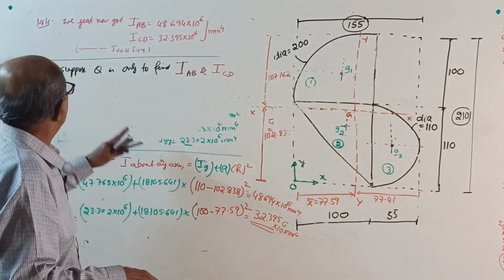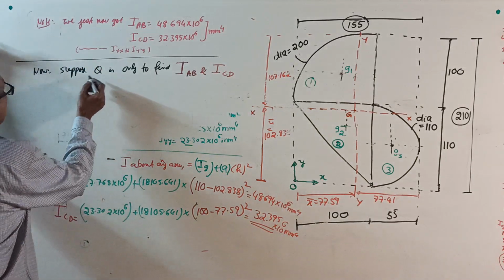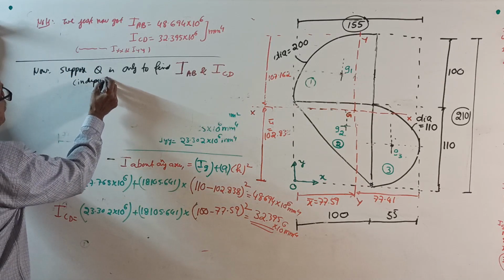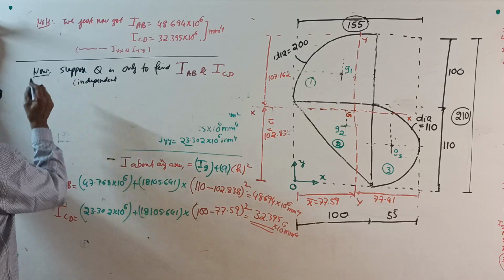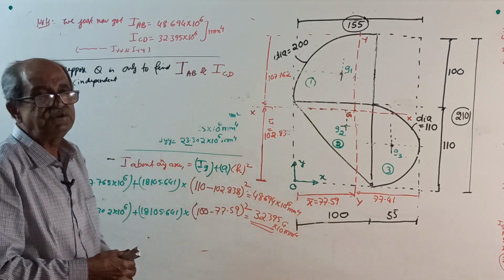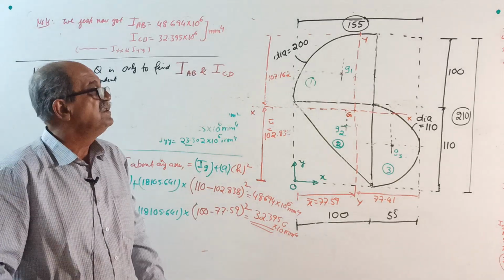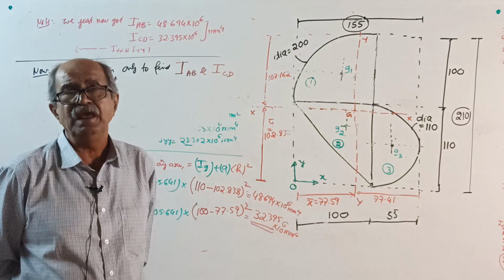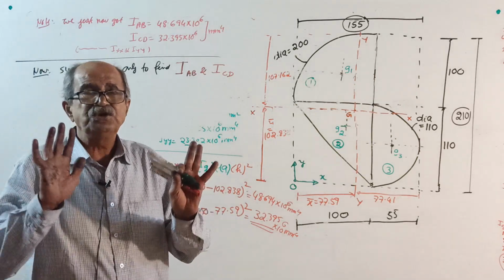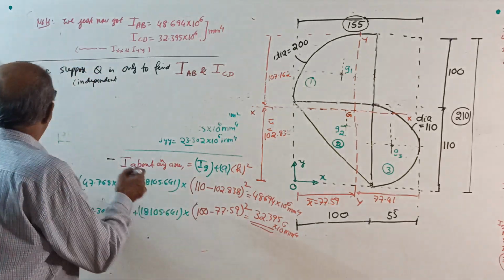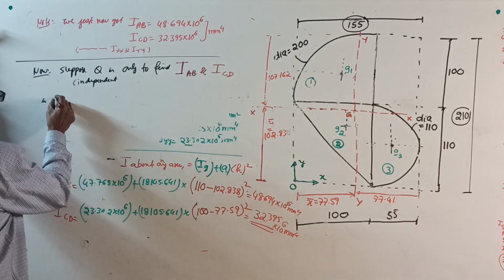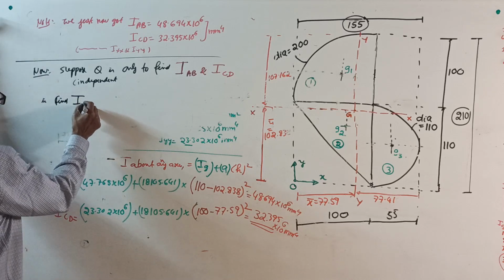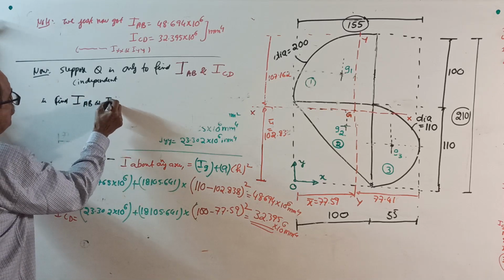Now, suppose the question as an independent question. Numbering is not required, just a note. Suppose the question is, instead of asking I about centroidal axis and also I about AB and CD, find I about AB and I about CD.